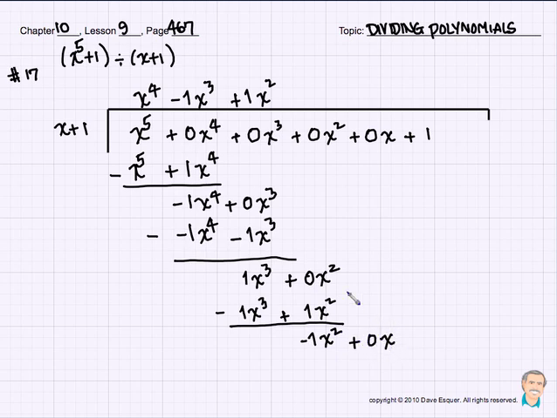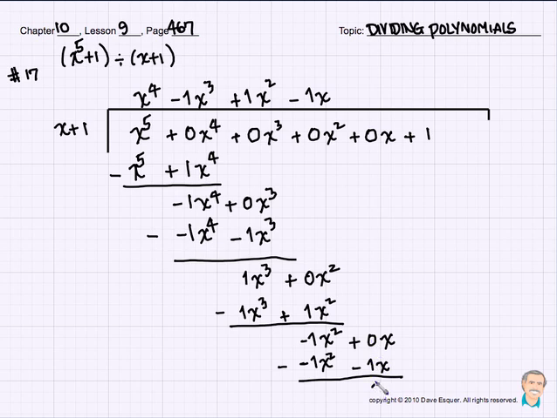Bring down the 0x. And the only way we're going to get a negative 1x squared from here is to multiply it times a negative 1x. Negative 1x times x is a negative 1x squared. Negative 1x times 1 is a negative 1x.